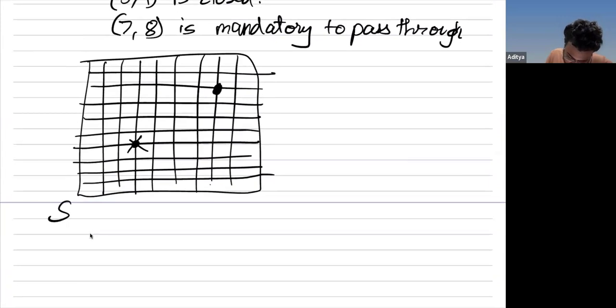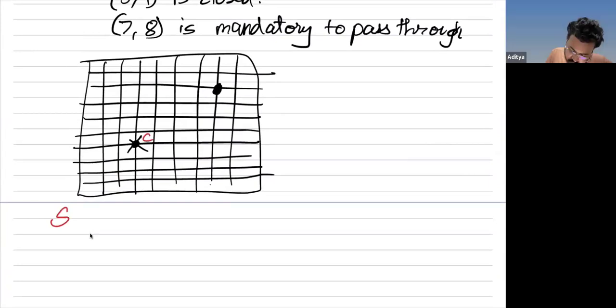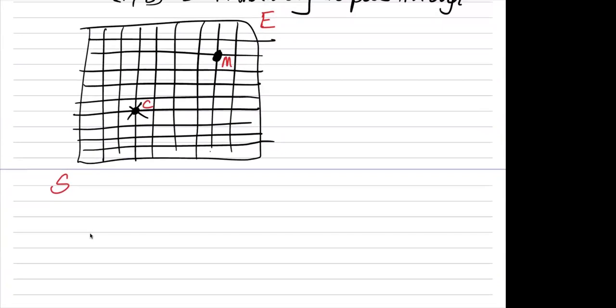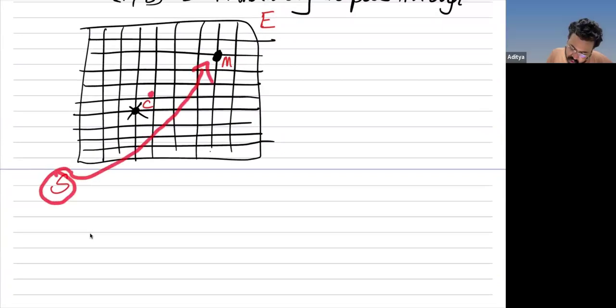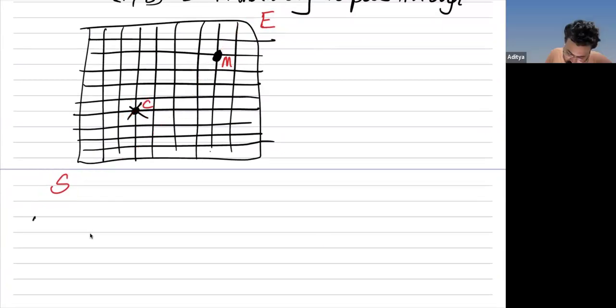This I'll name as the closed point. This as the mandatory point and end point. So you want to go from the start point to the mandatory point, avoiding the closed point, and then to the end point.